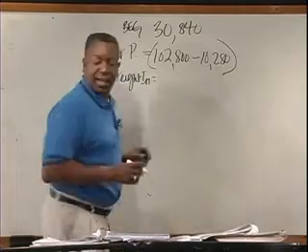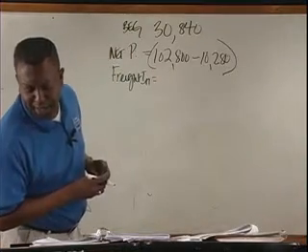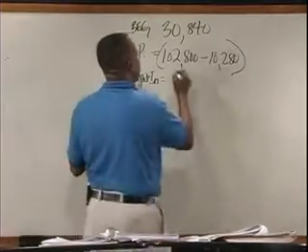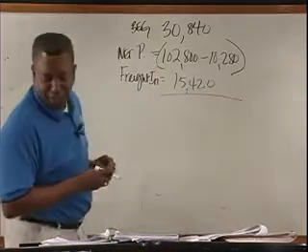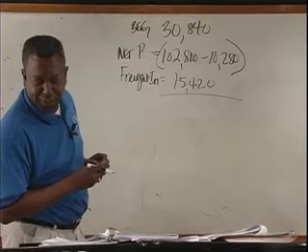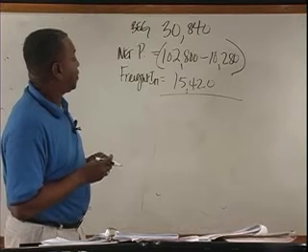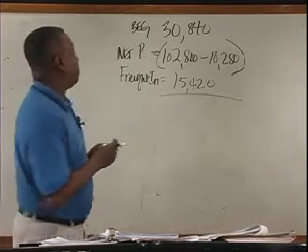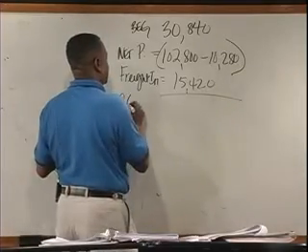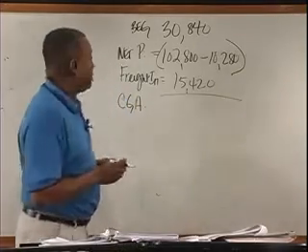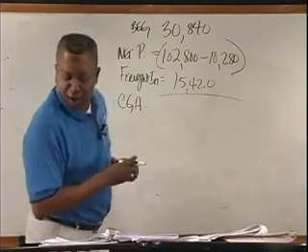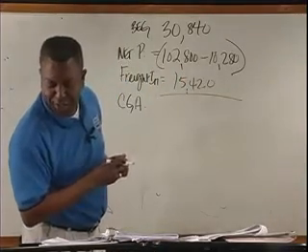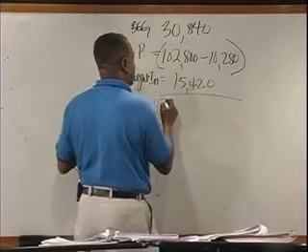And our freight in is going to be 15,420. So we add these three things together, and that's going to give us what our cost of goods available for sale is. So cost of goods available should be 138,780.